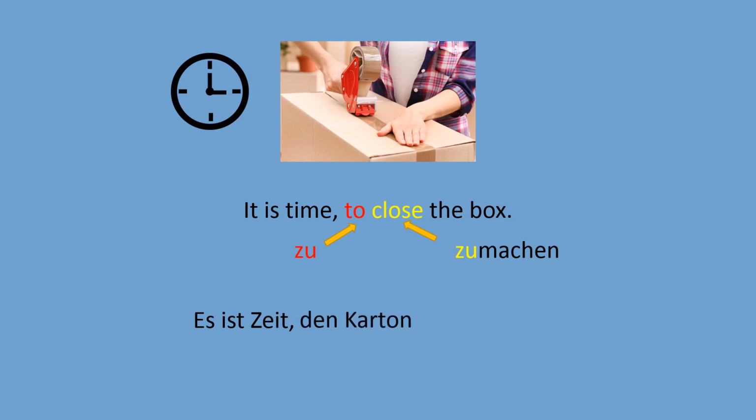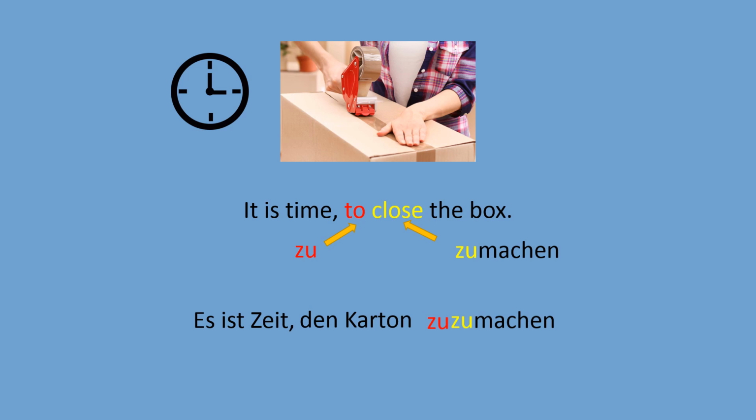First, we mention the box, den Karton. You remember this carton box? And what we do next, look, we put our verb in infinitive form with the particle zu together. Now we have an unusual situation. We use zu twice. But you do understand, I marked them using different colors, so you understand that they have different functions.